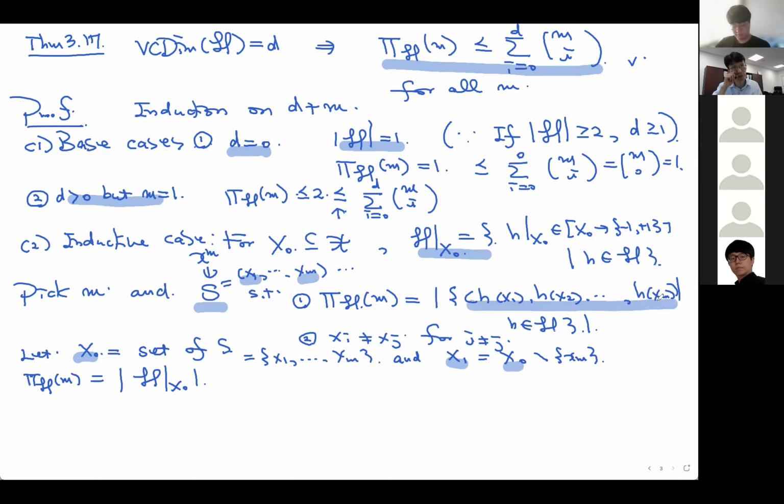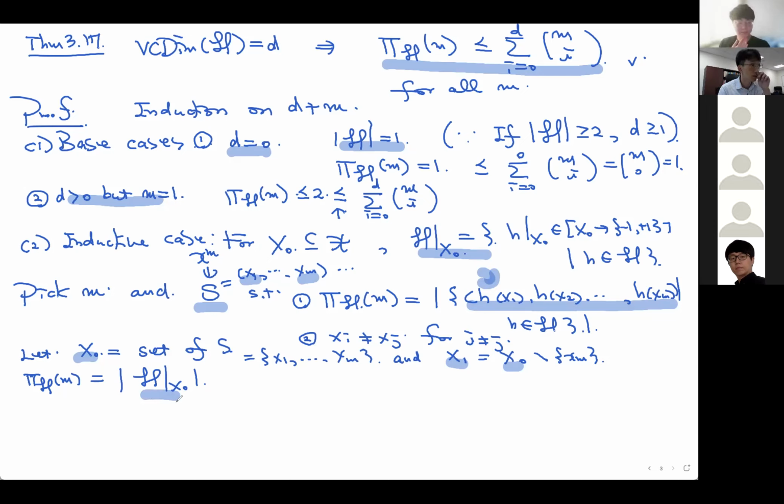Each of these vectors corresponds to the restriction of h with respect to small x1, small x2, up to small xm. And different vectors mean the restrictions are different. So these vectors are in one-to-one correspondence with this restriction that I just defined there. So it's the same.